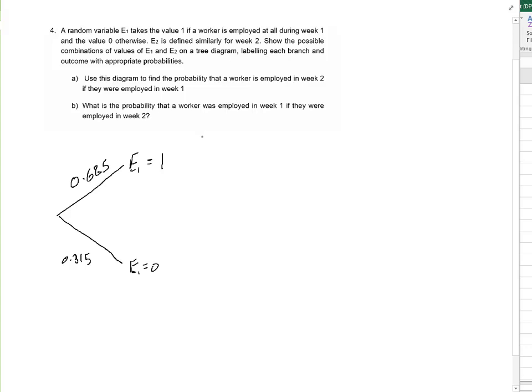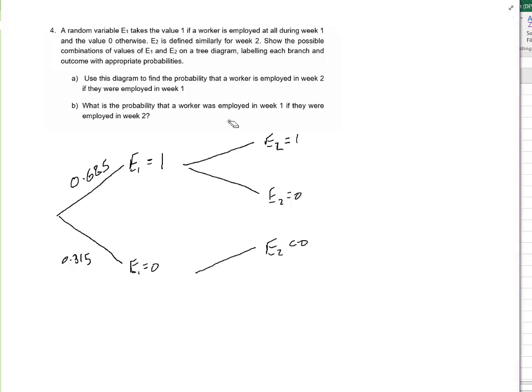Okay, so week 2. So here's E1 equals 1, E2 equals 1. So they got some work in the second week, no work in the second week, some work in the second week, and no work in the second week.